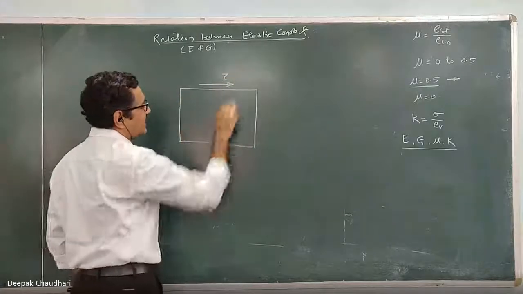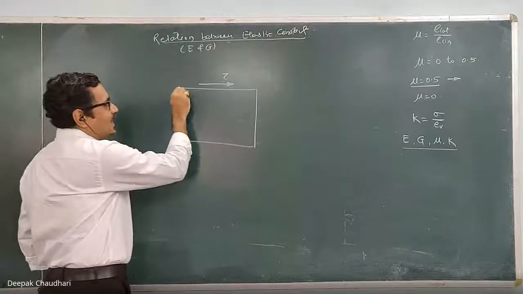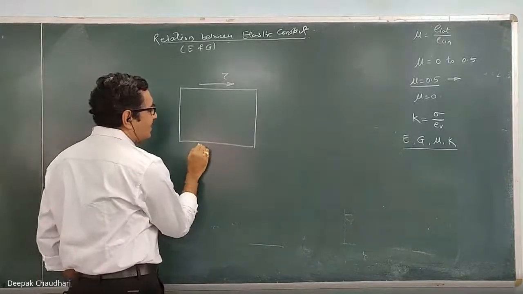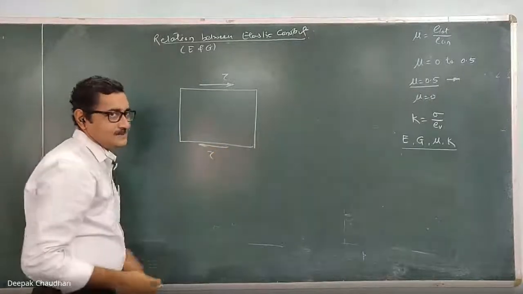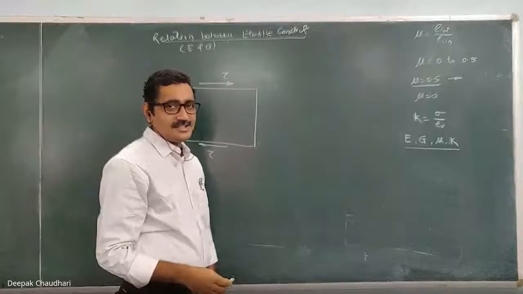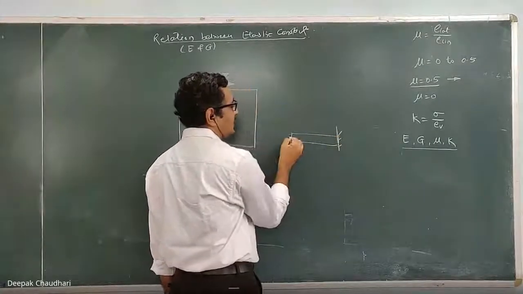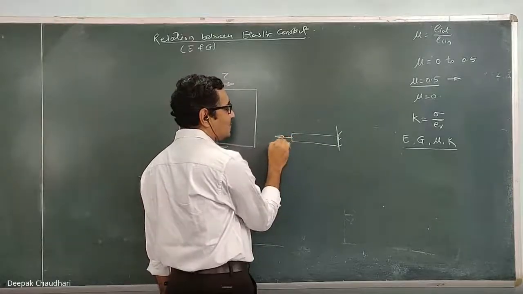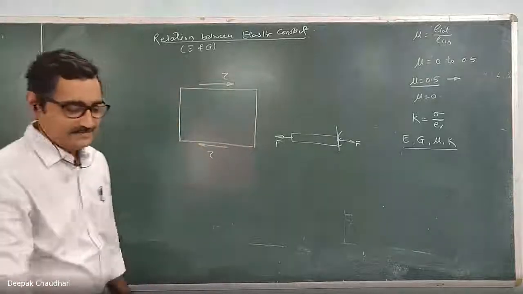Tau is the shear stress induced on this material. Now an opposite kind of shear stress acts on the opposite surface also. Suppose this is a rod fixed at this end; to hold it in equilibrium, if I apply some force here, an opposite force is acting here also.